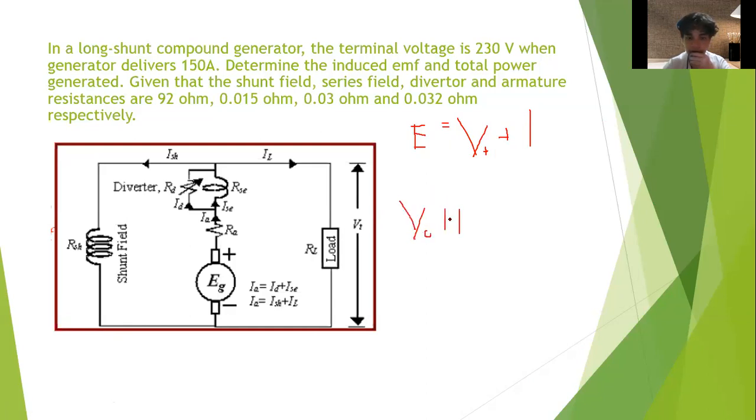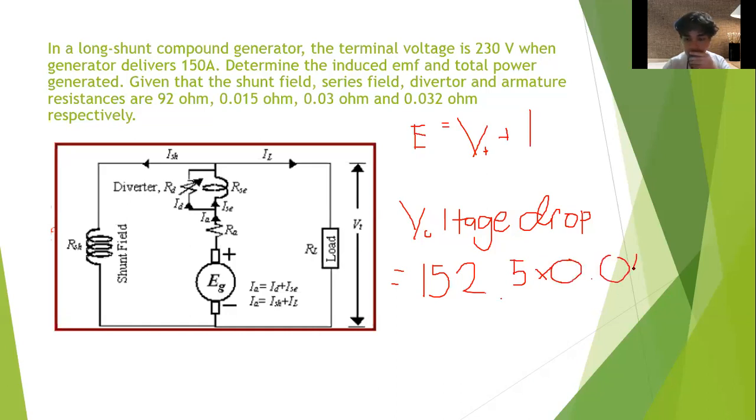The voltage drop will be equal to 152.5, the armature current we obtained, multiplied by 0.042, the total resistance obtained earlier. Once you multiply, the answer will be 6.4 volts.